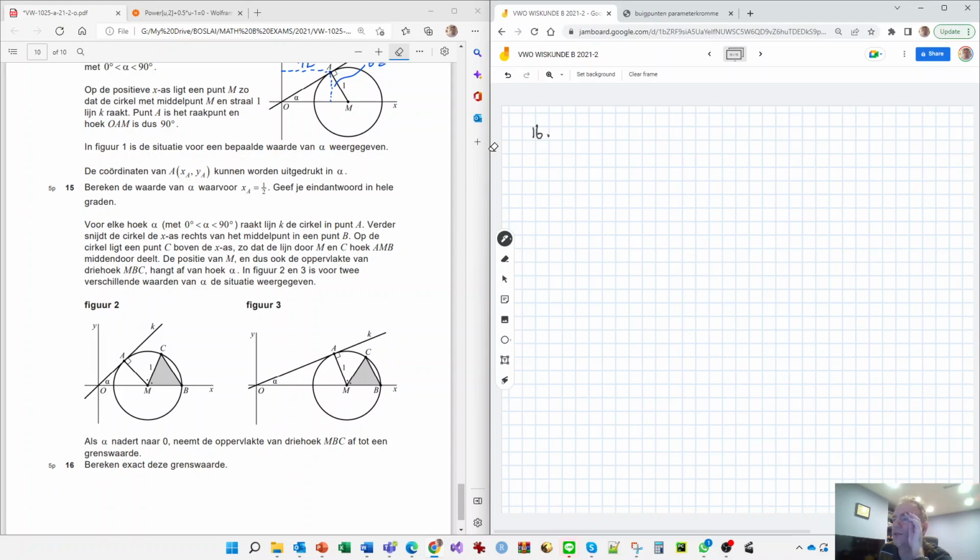So C you can kind of construct by doing that bisection and crossing it with the circle.